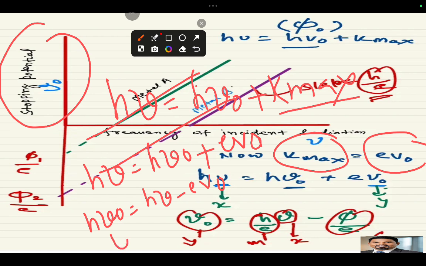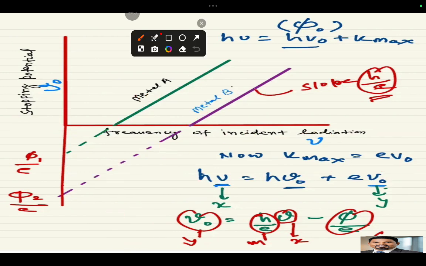So here nu naught, you can take with respect to E. This h nu naught is nothing but phi. See, in general, h nu equals what? h nu naught plus K max. K max is nothing but eV naught.